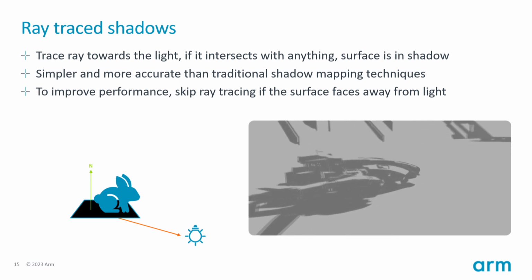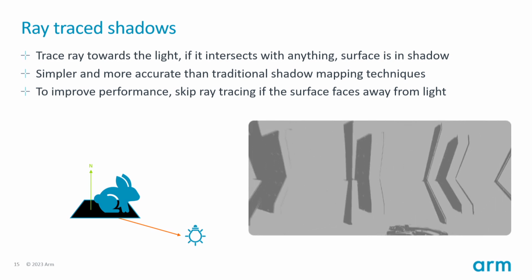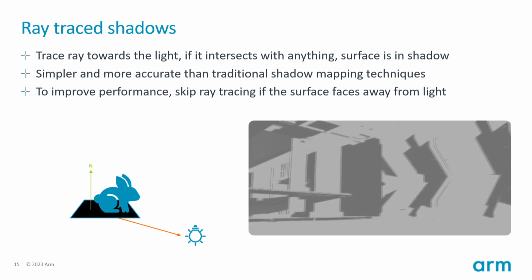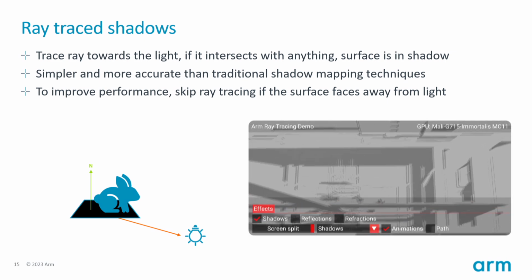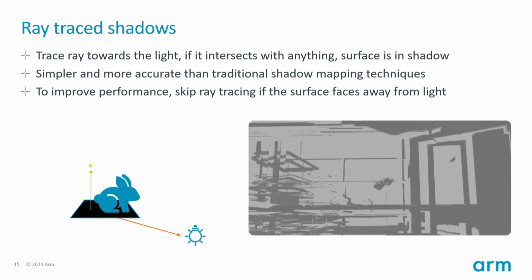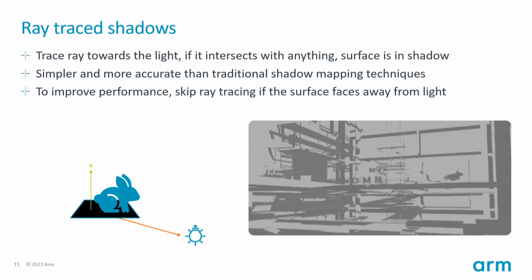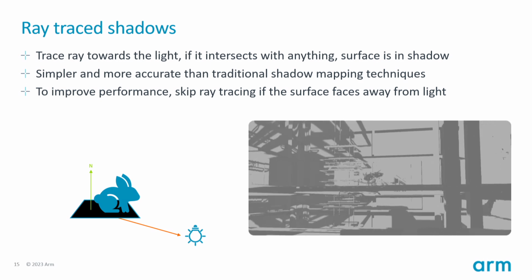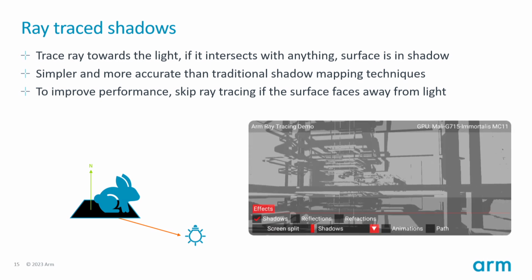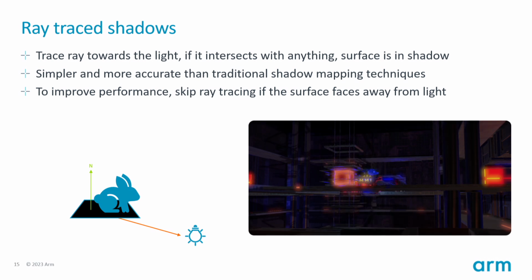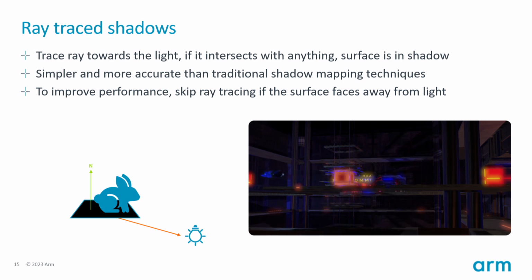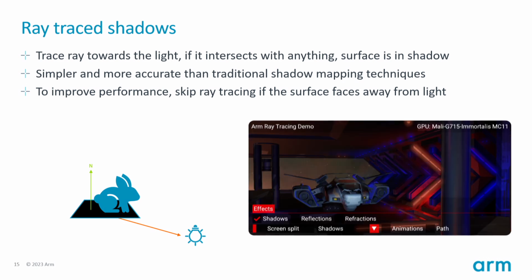As we move close to the shadow, note we can achieve a high quality level of detail without any artifacts like a shadow map would have. And of course, they are updated in real time with animation. Notice how they scale and deform accurately over the surfaces in the scene.